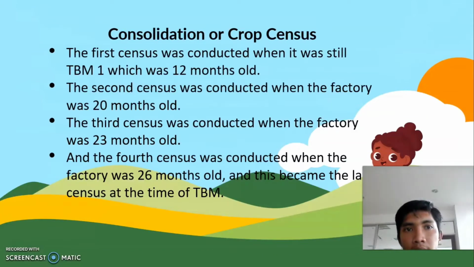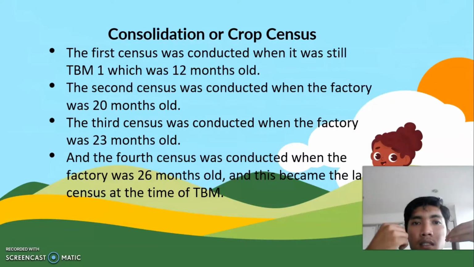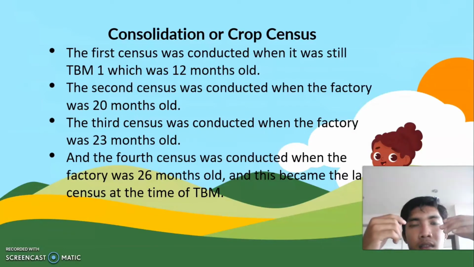Work one, consolidation or crop census. The first census was conducted when it was still TBM1, which was 12 months old.